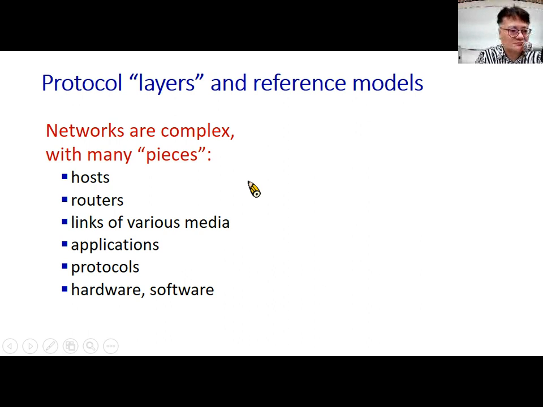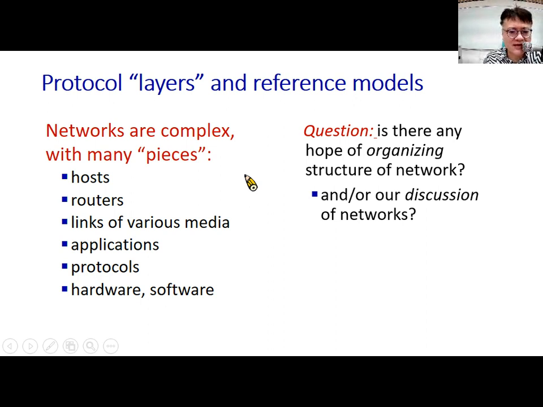So here, on the protocol layers and reference model, we can see the network is very complex with many pieces. It relates to hosts, routers, and links of various media, and also to applications, protocols, and the hardware and software.